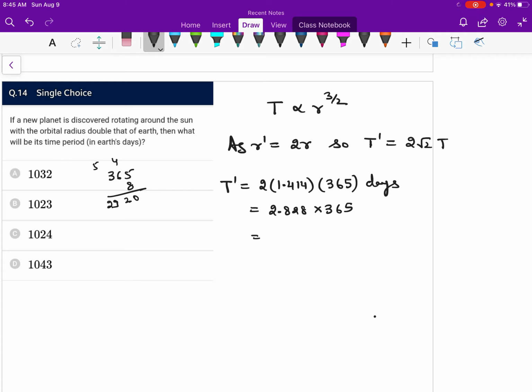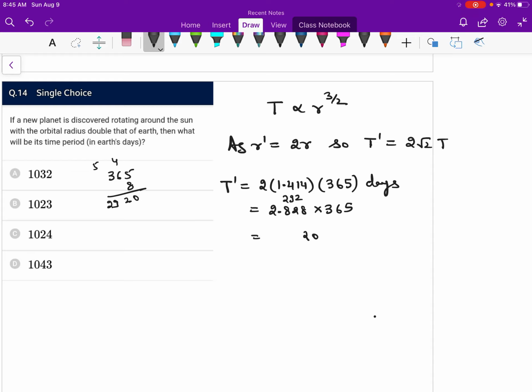So 365 8s are 2920, 0, 292 carry forward. 365 twos are 730, and 730 plus 292. So 730 plus 200, 930, and 930 plus 90, 1020, 1022. So 1022.